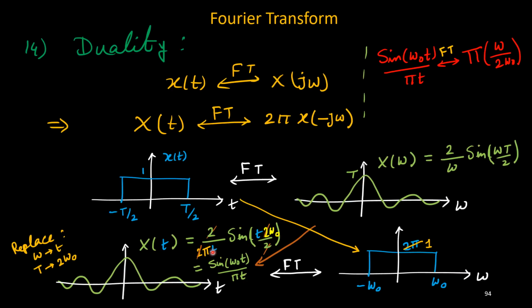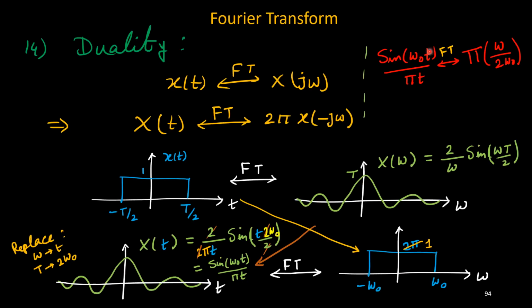So this is one well-known form. Sine omega naught t upon pi t has as its Fourier transform this gate function of amplitude 1, which continues up to omega naught and minus omega naught. Right? This window is 2 omega naught wide, but the center point is at zero.